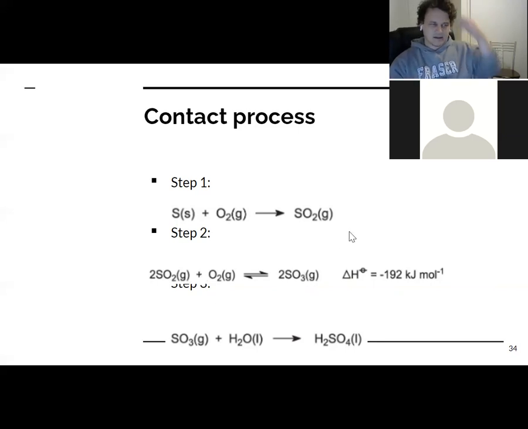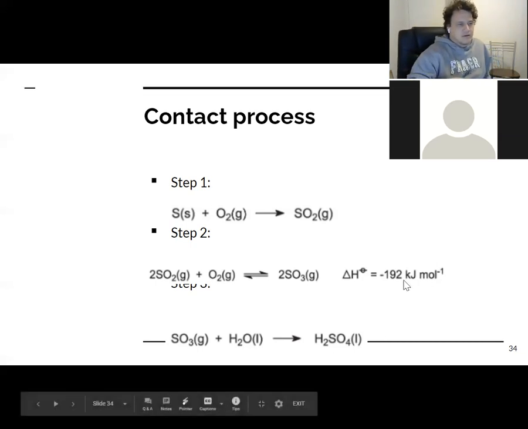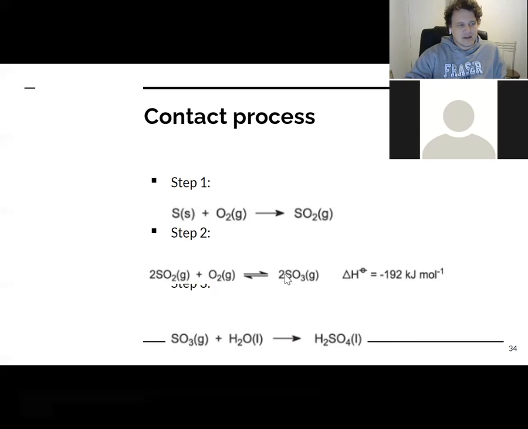And when it does that, we've got a minus figure here, so change in heat. So we know that heat is released. Same principles as before. We have an exothermic reaction producing heat. When these two are mixed together, this much heat is released because it's a minus. If that was a positive number, that would be absorbing heat.